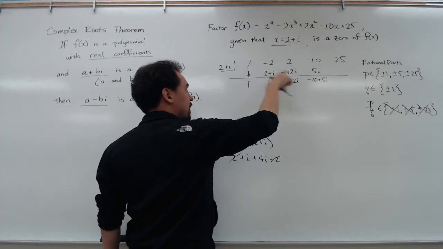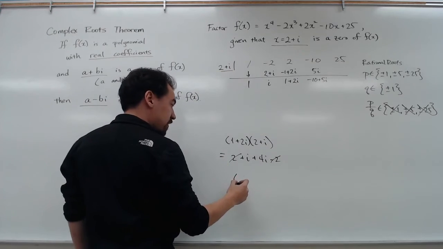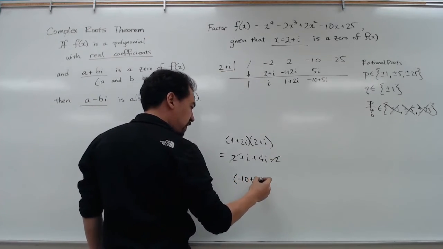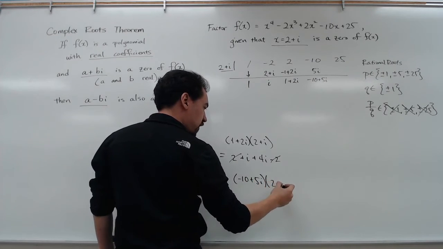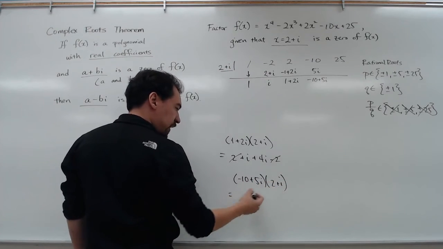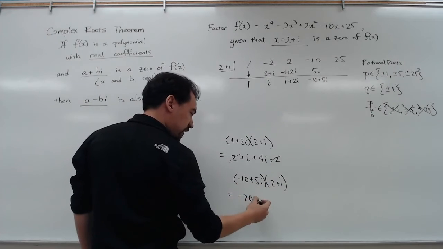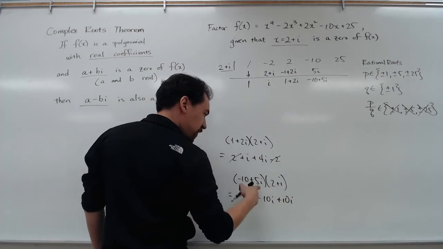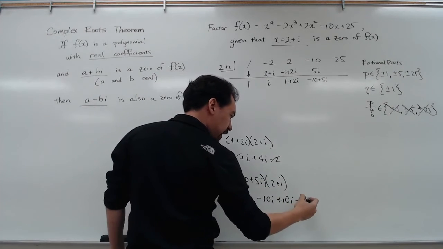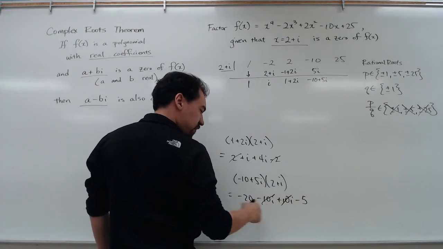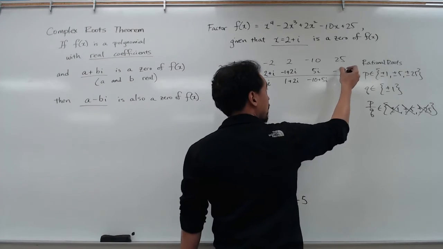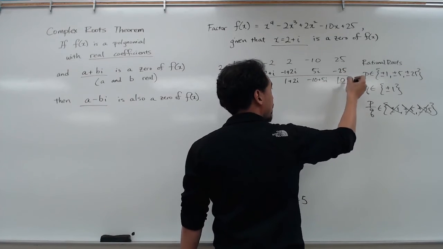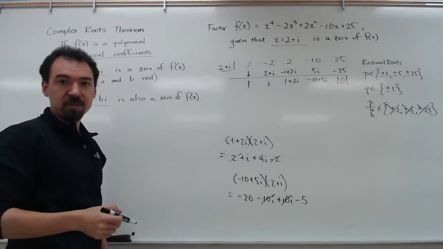And then I take this times what's up in the box. That's going to be negative 10 plus 5i multiplied by 2 plus i, which gets me negative 10 times 2, negative 10 times i, positive 5i times 2, and then 5i times i gets me negative 5. So these cancel each other, and I get negative 25. And lo and behold, I get 0, just like I was supposed to.